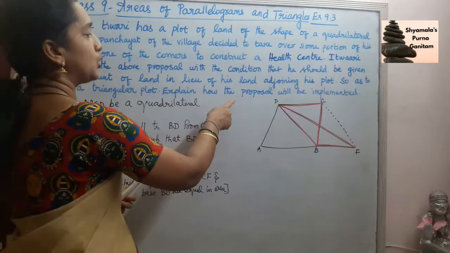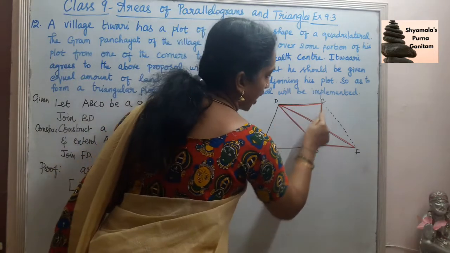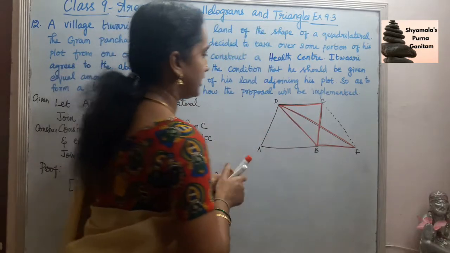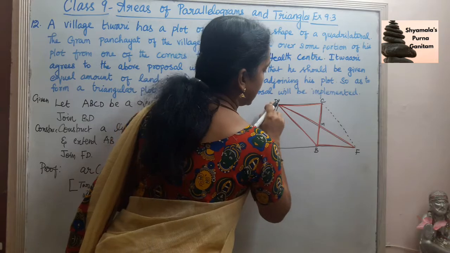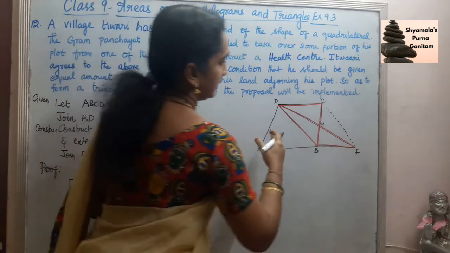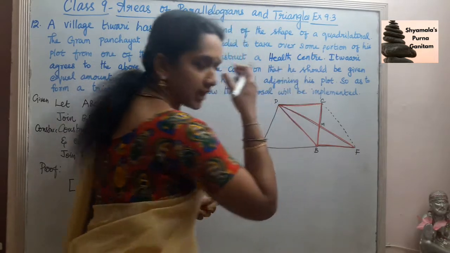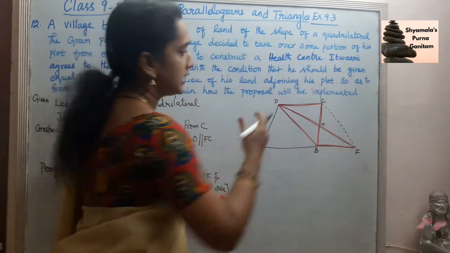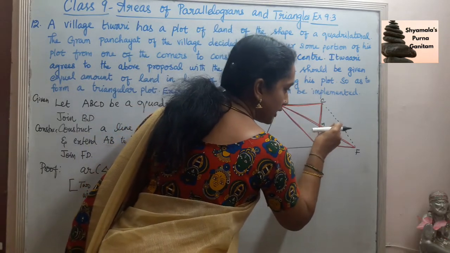Now we are asked to find this part, that is, this corner portion. We will name this as M. That part, BDCM, if we are removing, the removed part has to be joined here.